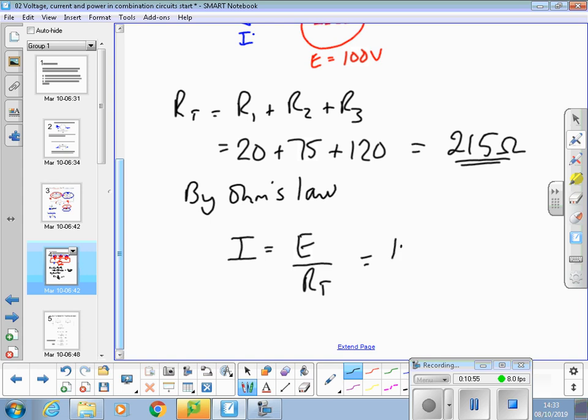So that's the 100 volts over the 215 equals 0.465 amps. Now what can we do?